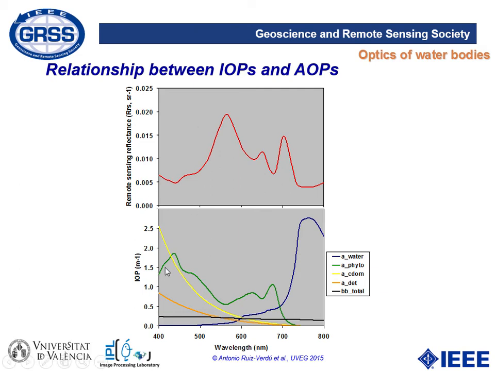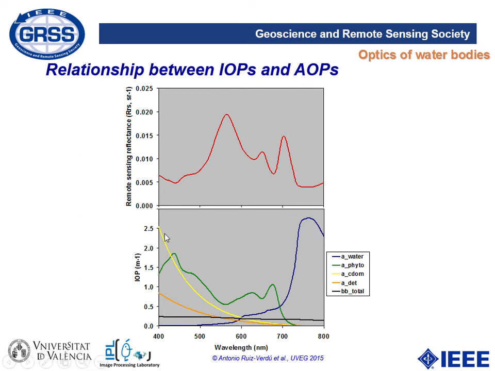We also see here a typical absorption spectrum of phytoplankton, in which we see a peak here in the blue, which is basically due to the absorption of chlorophyll A and other photosynthetic pigments. Another peak here also in the red, which is the other main peak of absorption of chlorophyll. And we will see other small peaks due to other pigments.